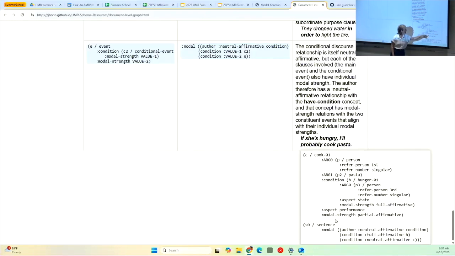So that one's a full affirmative and that one's a partial affirmative. So down here you've got the author, neutral affirmative for the condition, full affirmative for the first clause, because this one is full affirmative, and then neutral affirmative, oh, that's supposed to say partial. That's supposed to say partial affirmative for the second clause. Does that make sense?